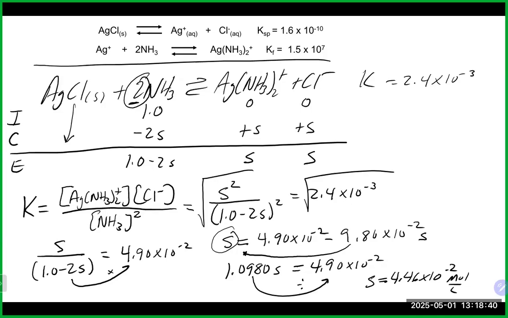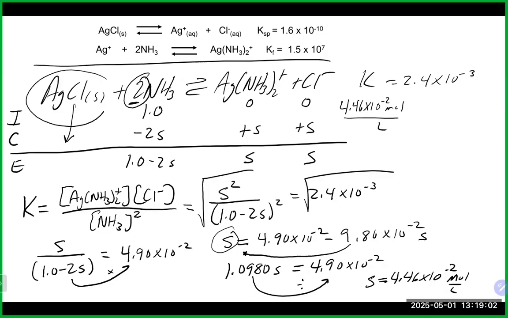Now, just for comparison of what we did before, if we were going to turn that into grams per liter, we would take 4.46 times 10 to the minus 2 moles per liter.